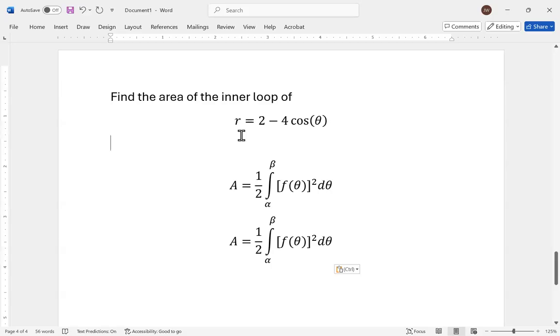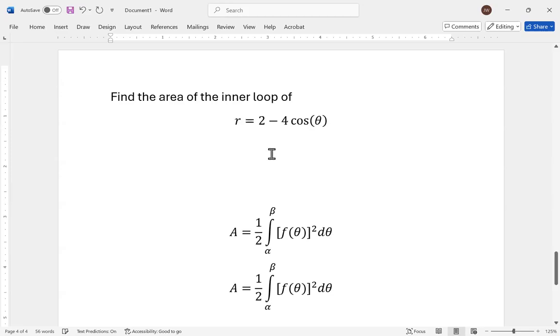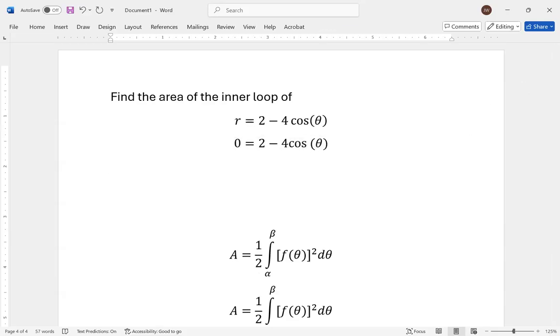Now, that's not the only way we could have done that. We could have also done this algebraically by realizing that the inner loop starts and stops when r is equal to 0. Then I could have solved that equation for theta.